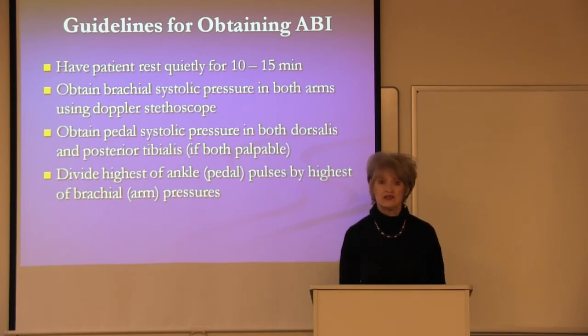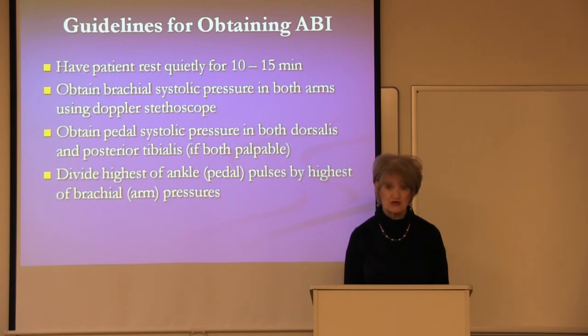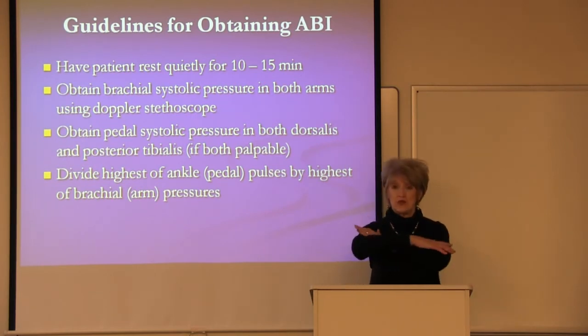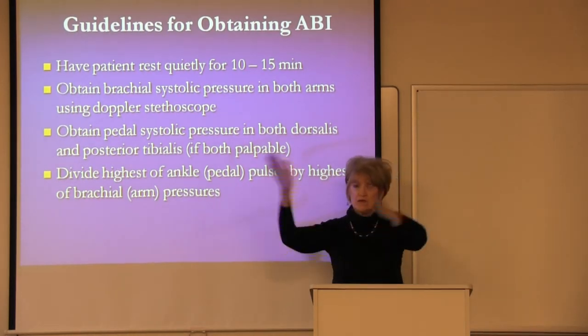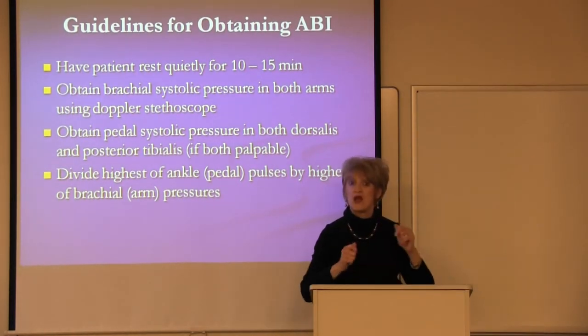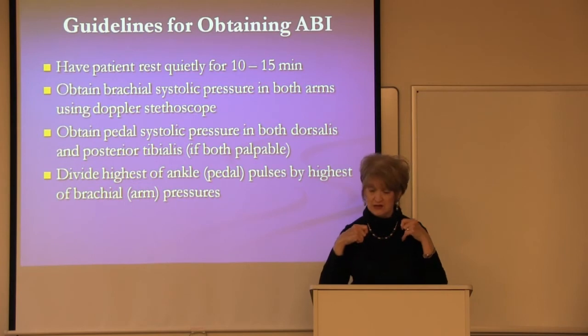First of all, you want the patient to rest quietly in the supine position for about 10 minutes. Ideally, you make sure they have not had exposure to nicotine, to caffeine. So you've got them resting quietly. Now you're going to take the brachial pressure in both the right arm and the left arm, but you are not going to use the standard stethoscope.